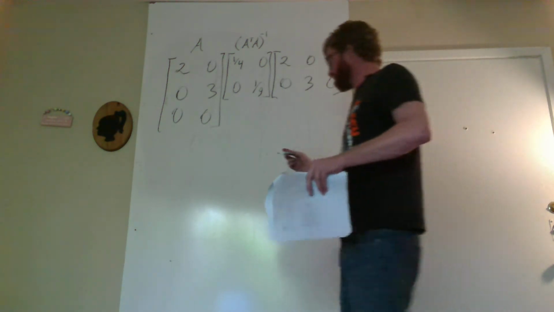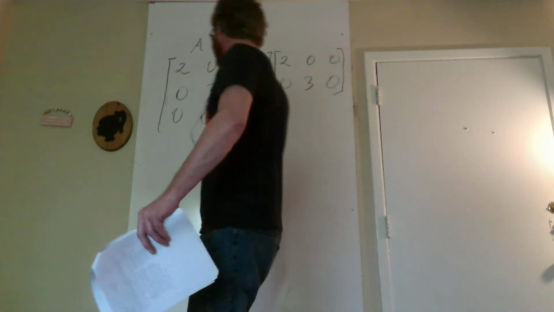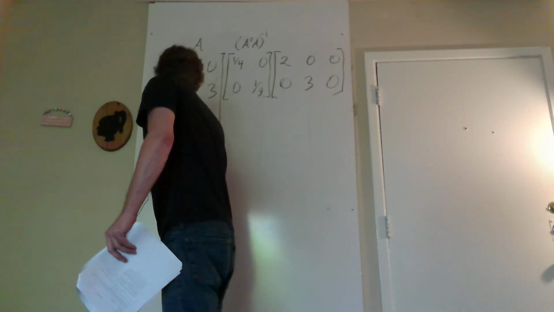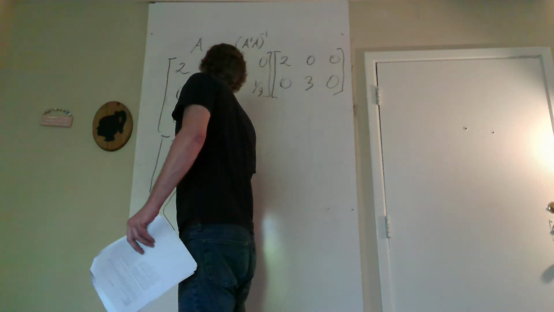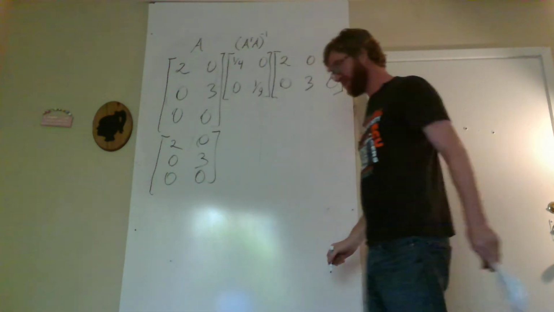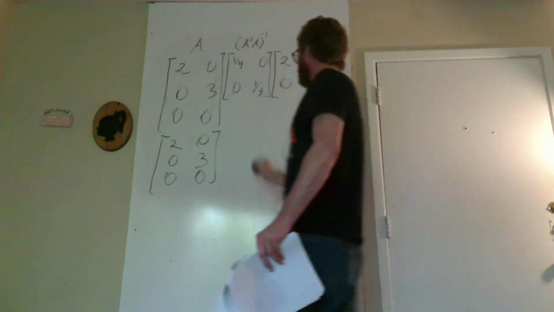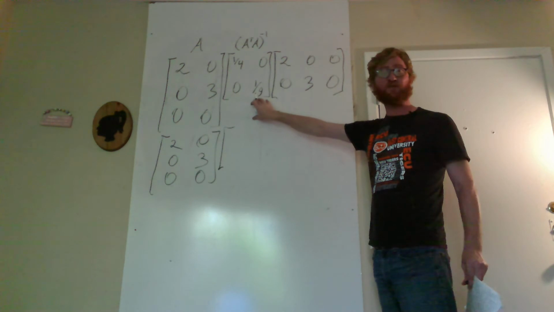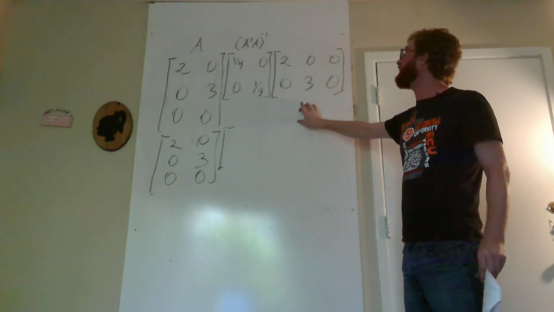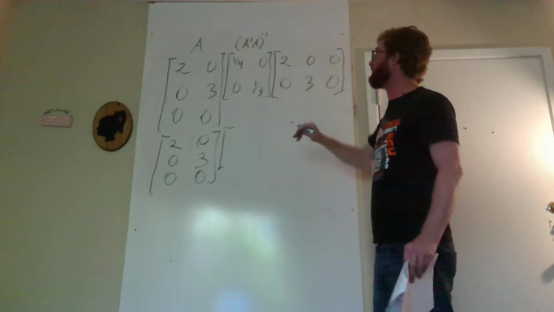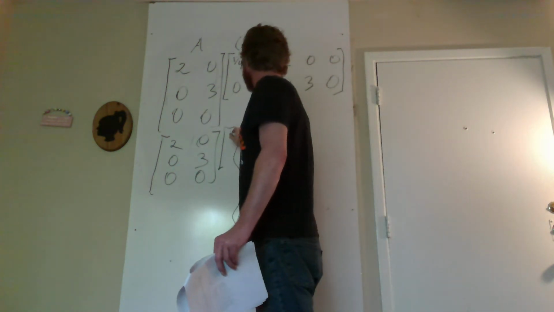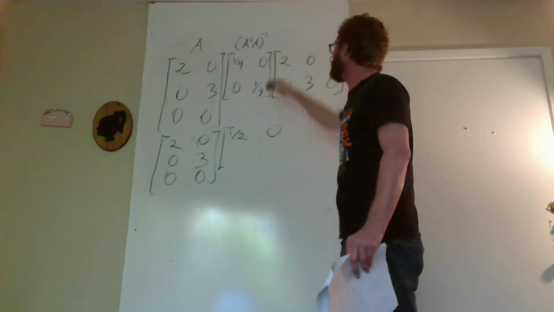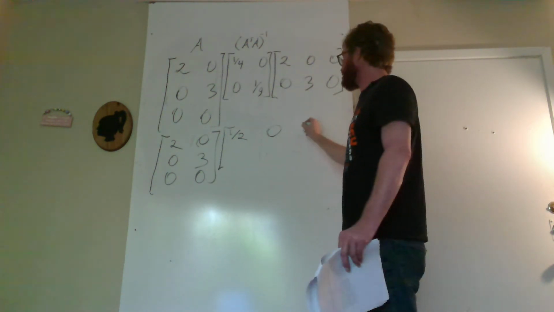Now this matrix right here, A transpose A inverse, is going to act upon A transpose. So 1/4, 0 acting upon this first column gives 1/2 right there, and then acting upon the other two columns just gives us 0 and 0.